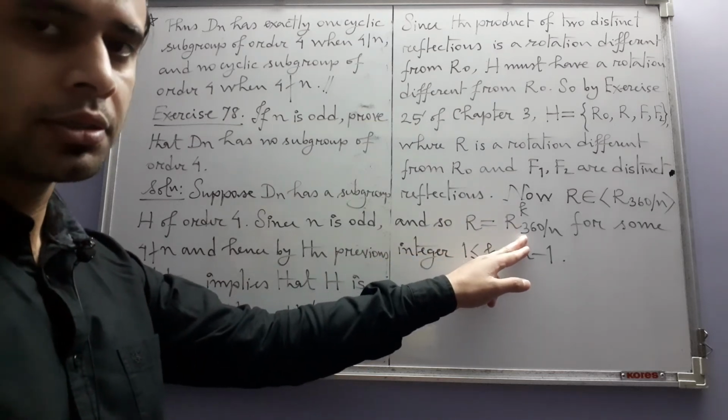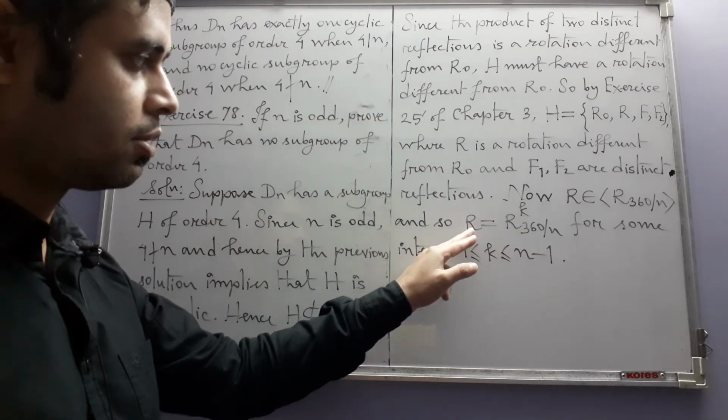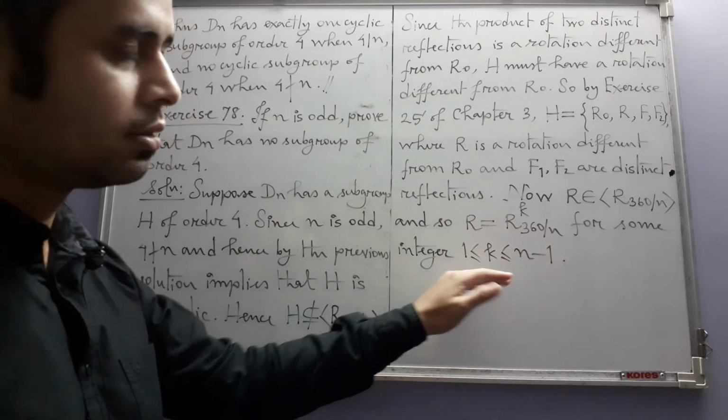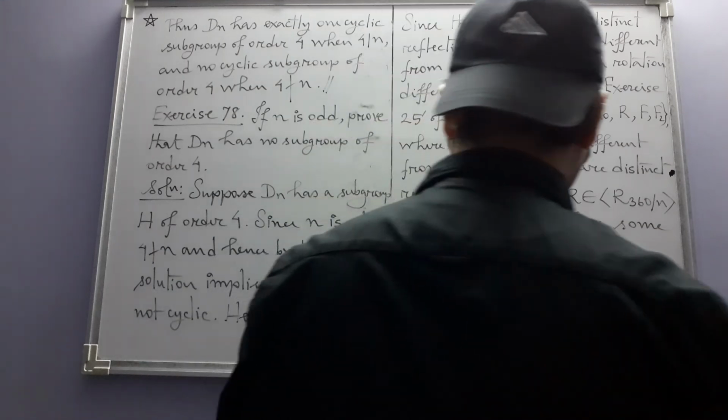Using this relation and the formula for the order of R in terms of the order of R360/n, we can now write something.